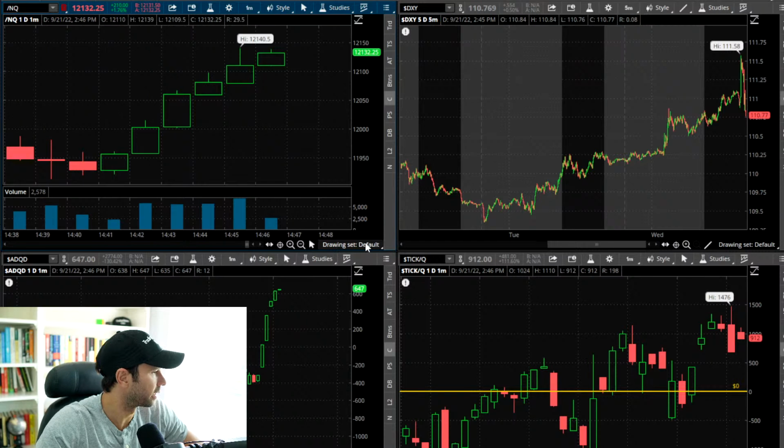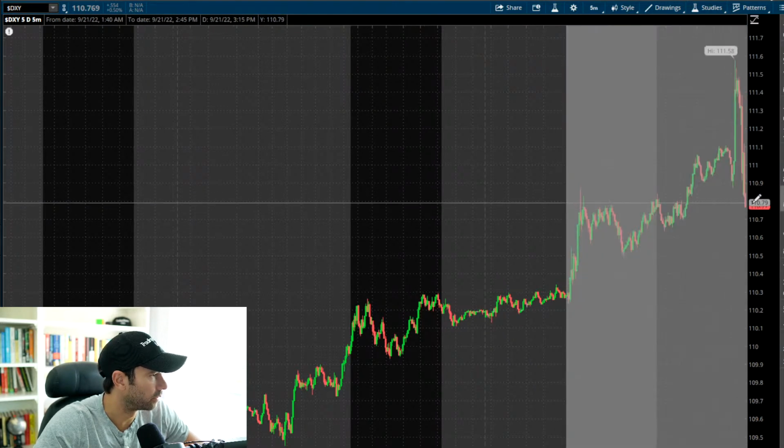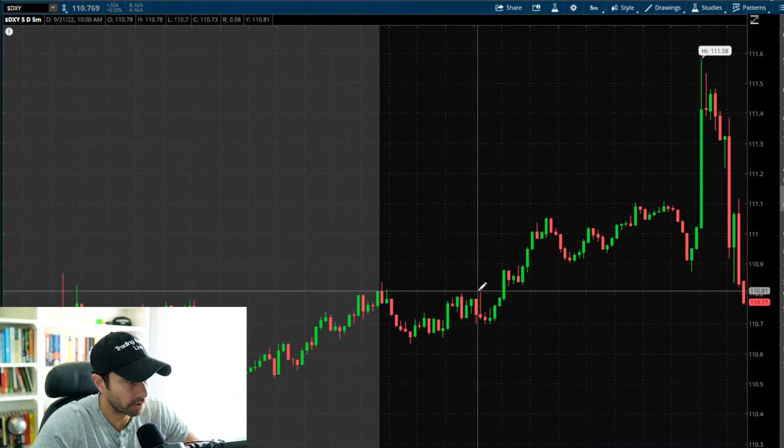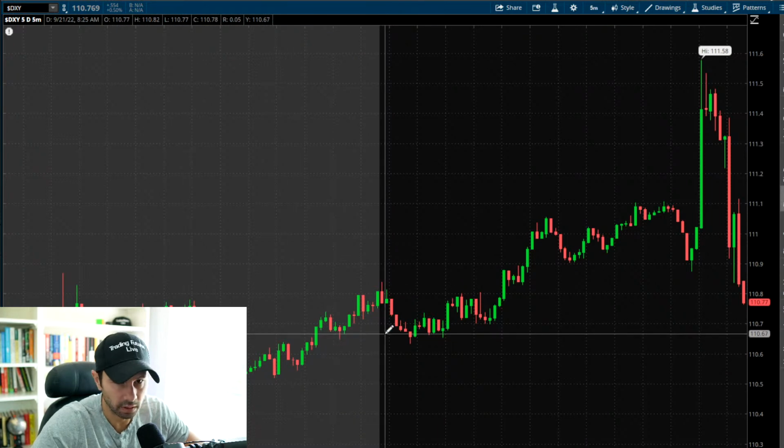Let me verify that. So I do have a London open right here. It was very sideways. If you guys see here, let me maximize this. So this is the day, okay? So here is the London open right here. It was very sideways. Sideways movement can usually give you a lot of support.